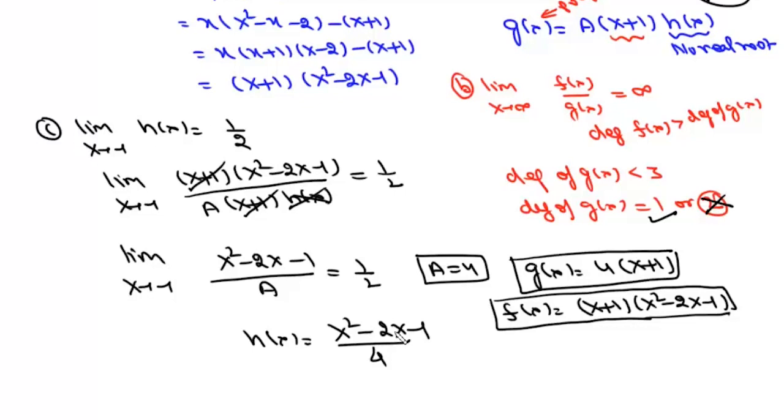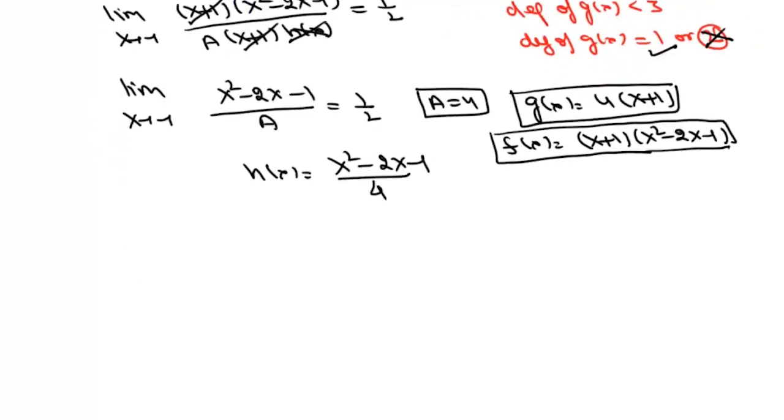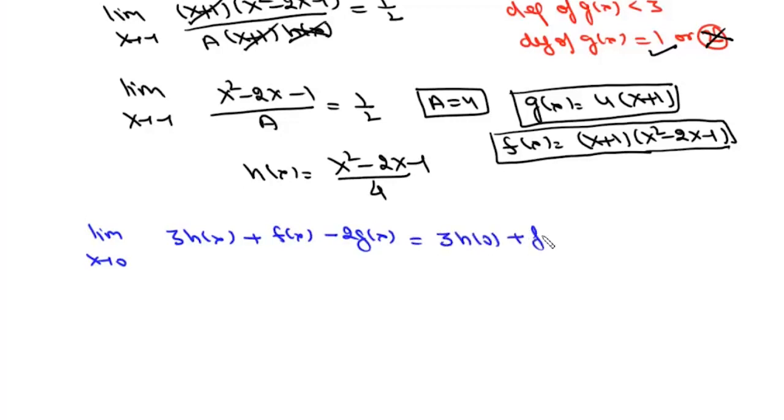Now it says find the value of this limit x tends to 0, 3h(x) plus f(x) minus 2g(x). So it will be equal to 3h(0) plus f(0) minus 2g(0).